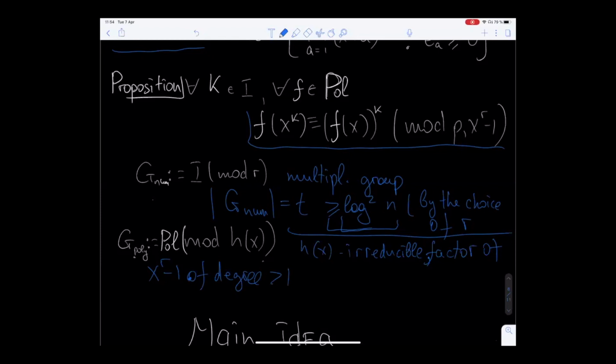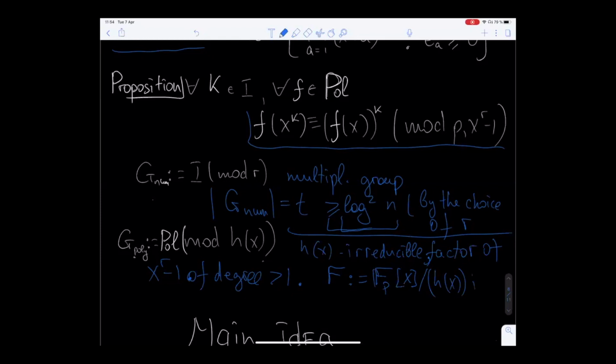So the first observation that we have is that the set F, which is defined as the ring of all polynomials over Z_p factored by this h of x, is a field.